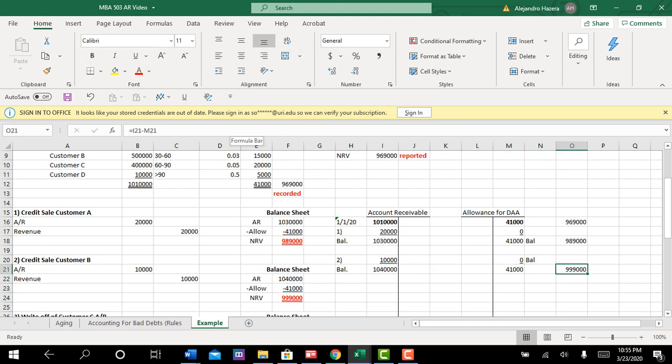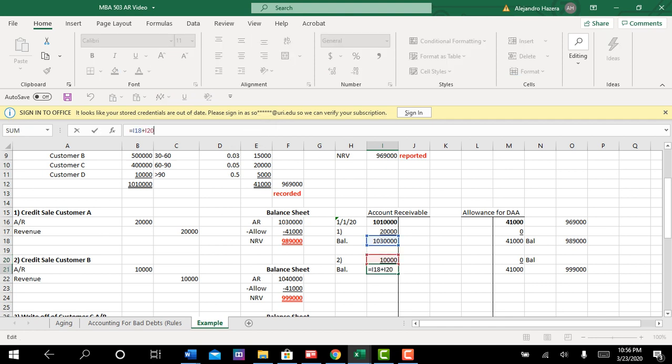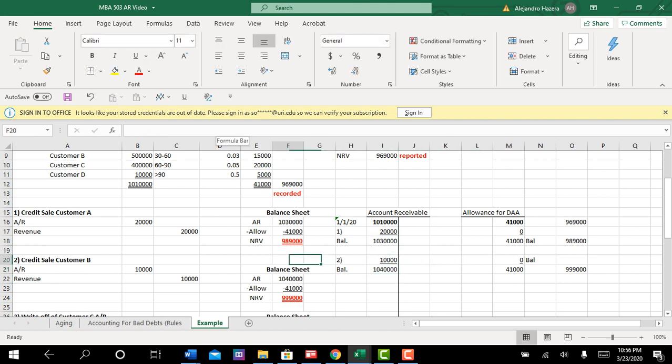Okay, so notice from a T account perspective, I posted. From a reporting perspective, this is your balance sheet. From a recording perspective, I posted that debit to that accounts receivable, and that is just the addition of the $10,000 to accounts receivable. Now notice once again, entry 2 here had no effect on the allowance.